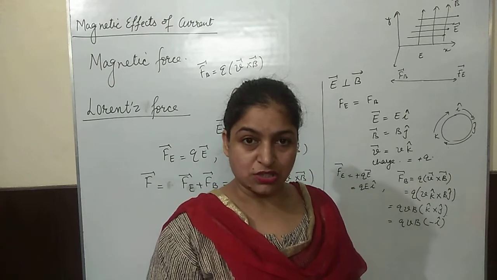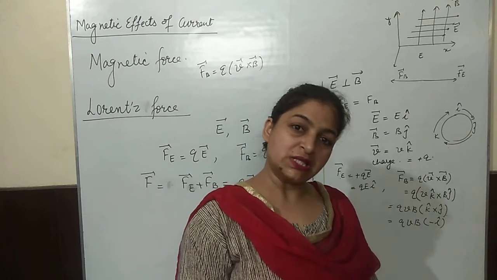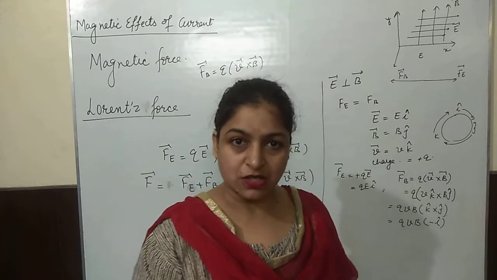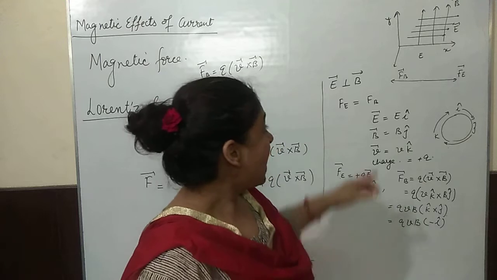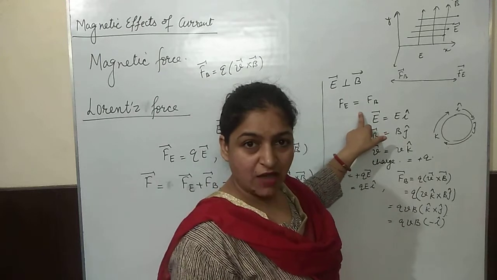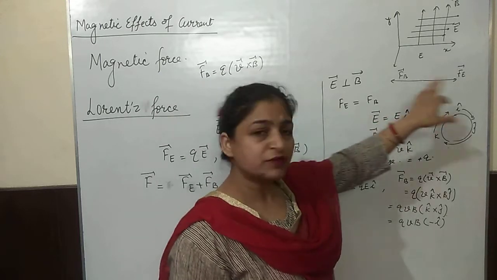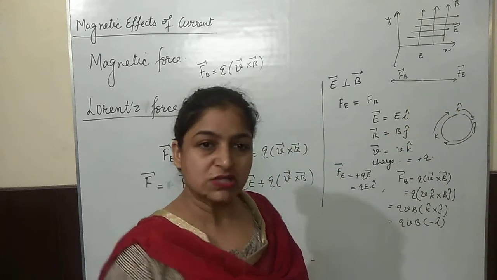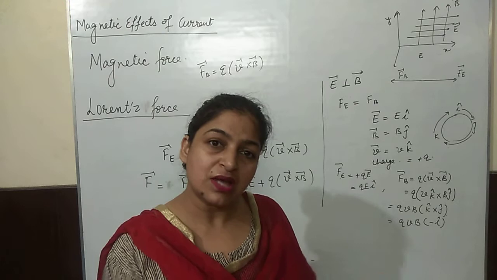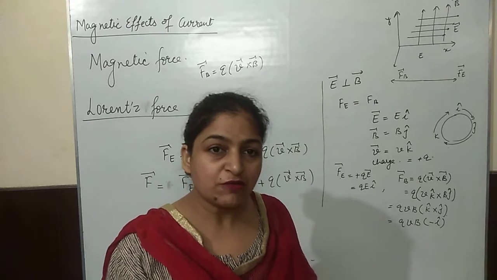Under that condition, electric force and magnetic force would be exactly opposite to each other. And if both of the forces are equal in magnitude and their directions are opposite, then what would happen?